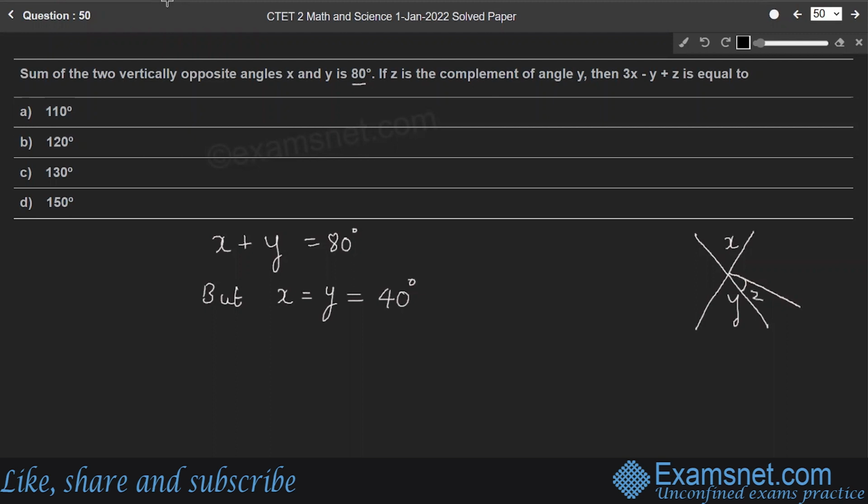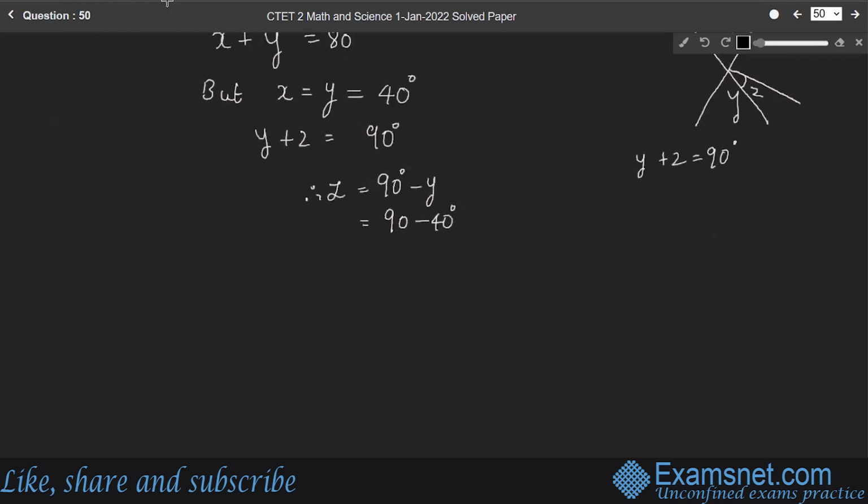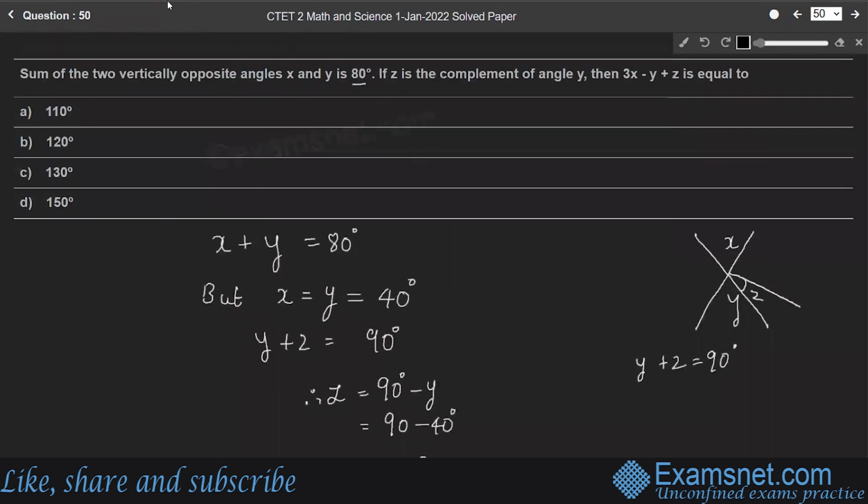So if Z is the complement of angle Y, here Y plus Z is equal to 90 degrees. Therefore, angle Z is equal to 90 minus Y, which is 90 minus 40 is equal to 50 degrees. Angle Z is equal to 50 degrees.